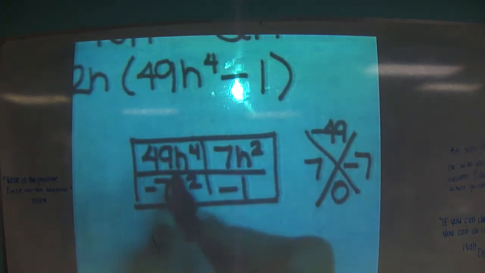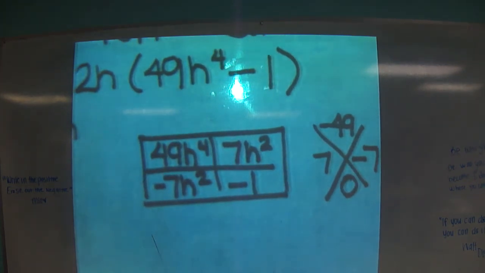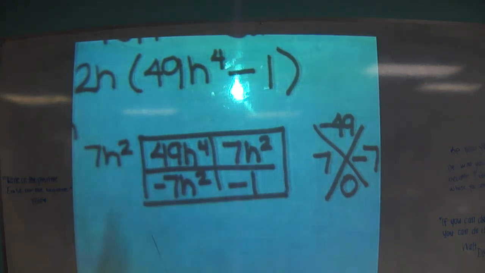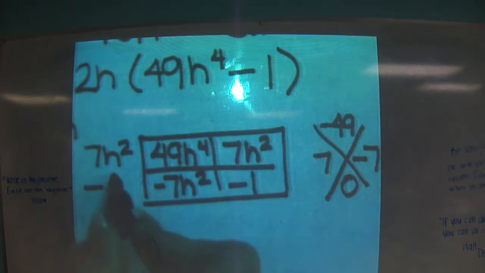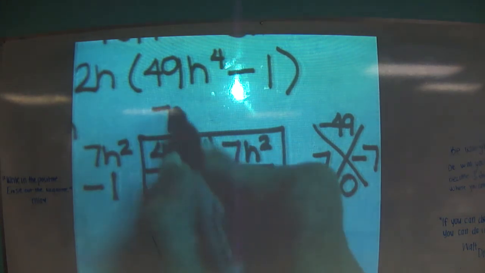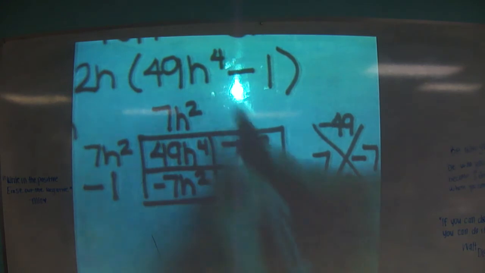What do 49h to the 4th and 7h to the 2nd have in common? 7h to the 2nd. Negative 7h to the 2nd and negative 1? Negative 1. 49h to the 4th and negative 7h to the 2nd? 7h to the 2nd. 7h to the 2nd and negative 1?